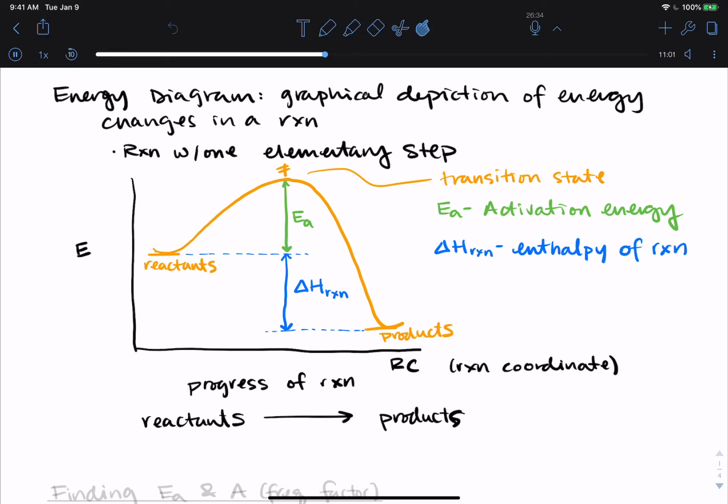We're going to talk about the frequency factor and what it means in a little bit. But the question is really, how do we find the activation energy and the frequency factor? Where do these values come from?